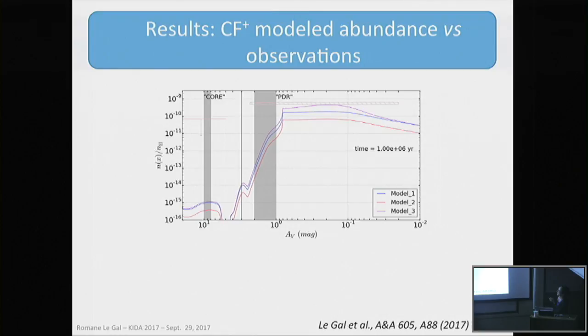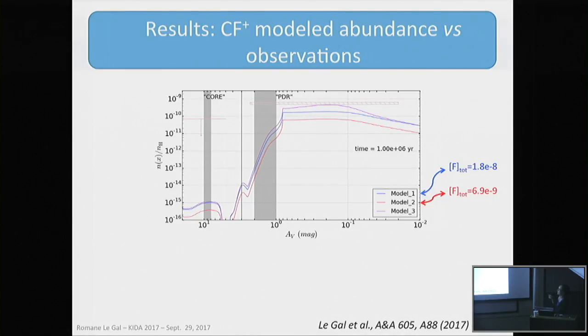For that, I ran 3 different models. The first model is a model with higher fluorine elemental abundances, the one I told you I chose to take. And we see that with a lower elemental abundance, the red model here, we are not able to reproduce the abundances, I mean, we reproduce them not as well as with the blue model.